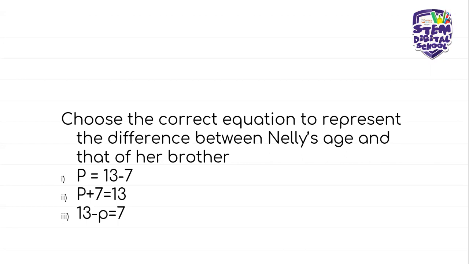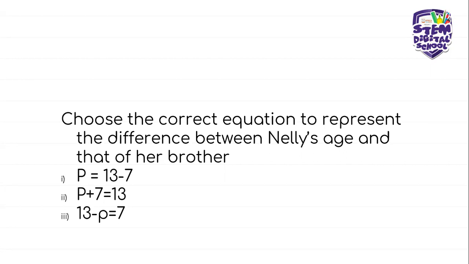Obviously, you'll get 6. So if the brother is 6 years old, meaning that if P is 6, and we know that Nelly is 7 years older, if you add 7 to 6, you get 13.